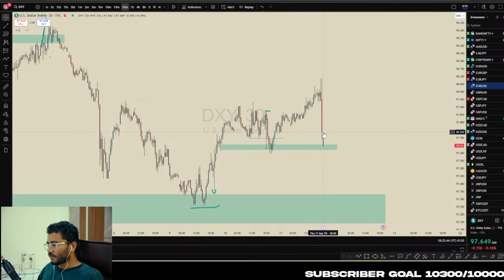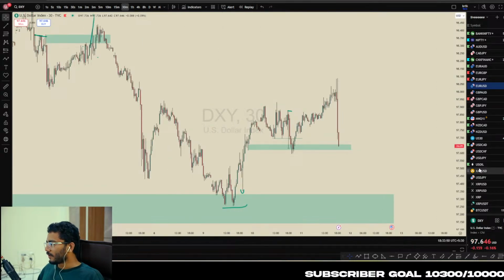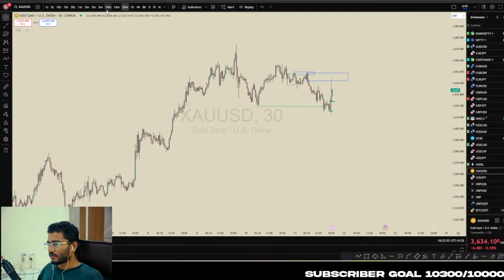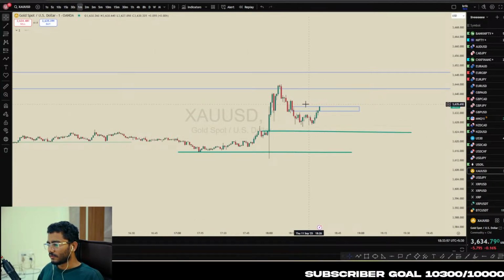It's continuing to the downside. I'm not looking for an entry. It's consolidation only here on gold. It's not an entry.